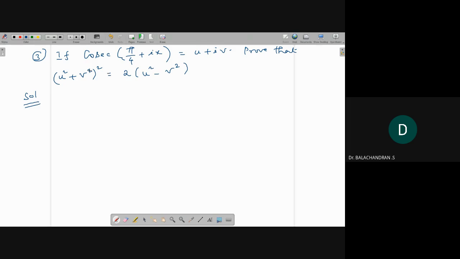What is given in the statement? Cosecant of pi by 4 plus ix equals u plus iv. Or you can write u plus iv equal to, which is a little more convenient for me.